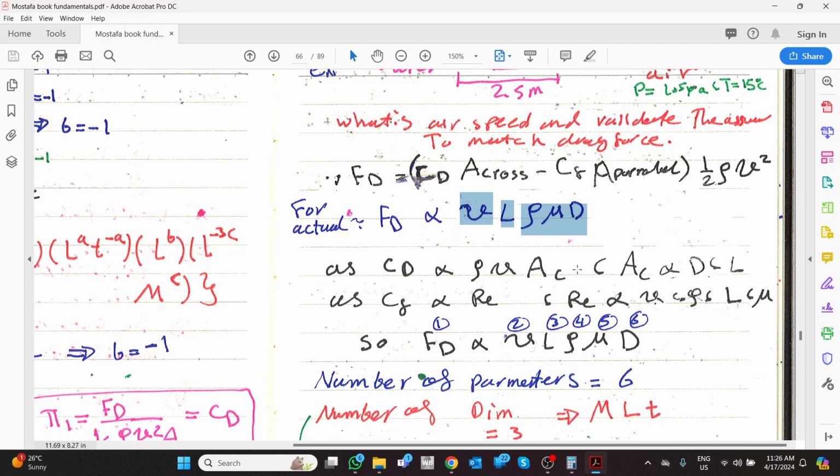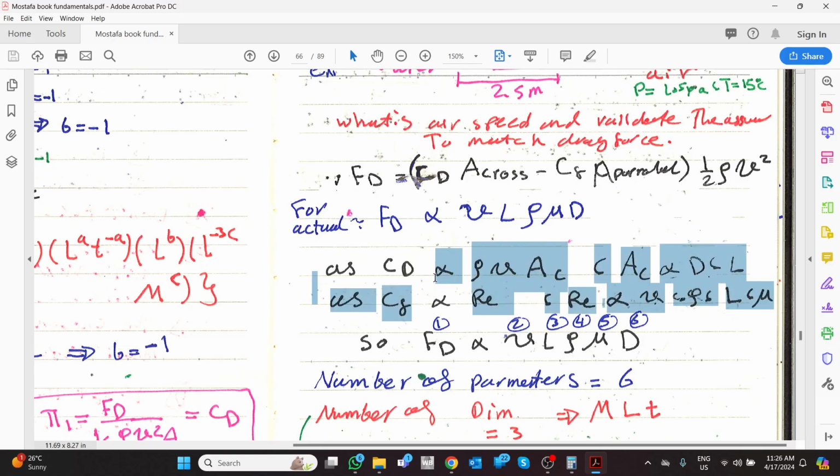This is how we reach the CD function. Even if you use your logic, this is more than enough, you don't need to recall an equation. Dimensionless analysis does not require recalling any equation, but it will help us. However, if you use your logic correctly, it is okay.